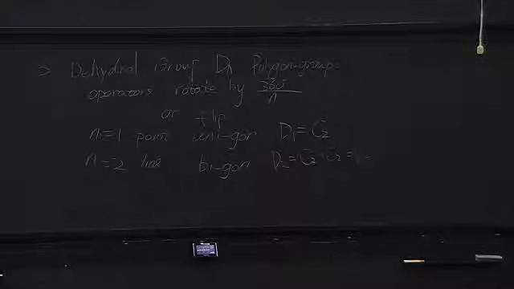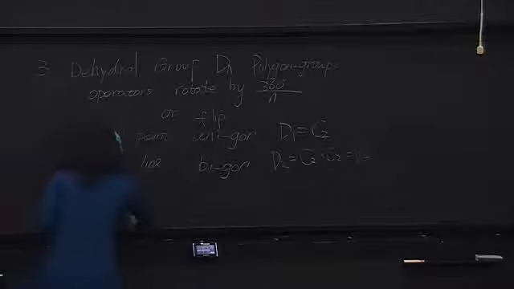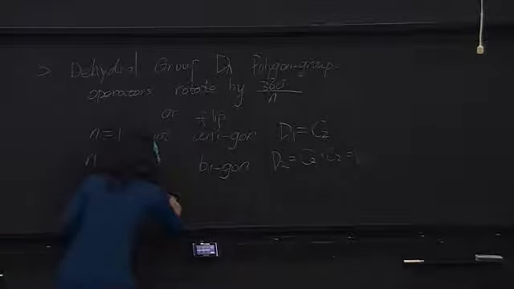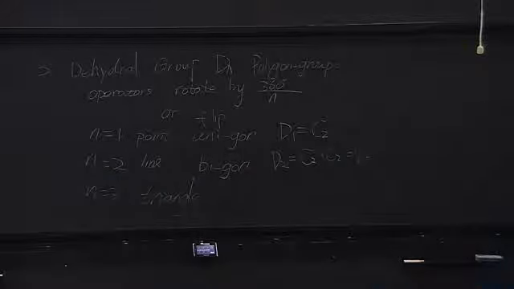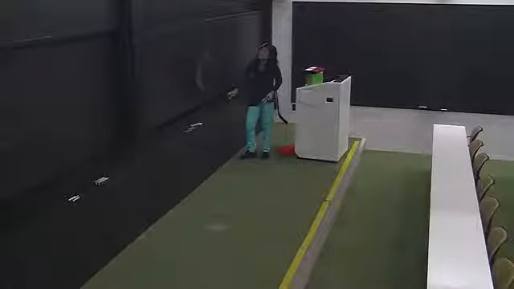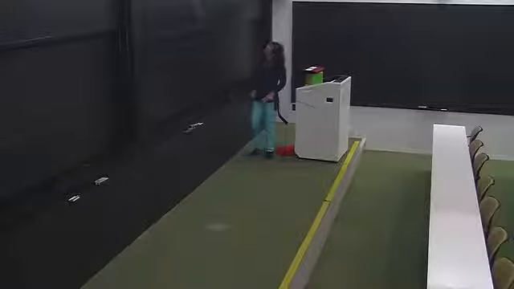All right, for n equals 3, finally we reach a polygon. This time we have a triangle, or equilateral triangle. For this it's slightly more complicated, so we'll move to a new board.